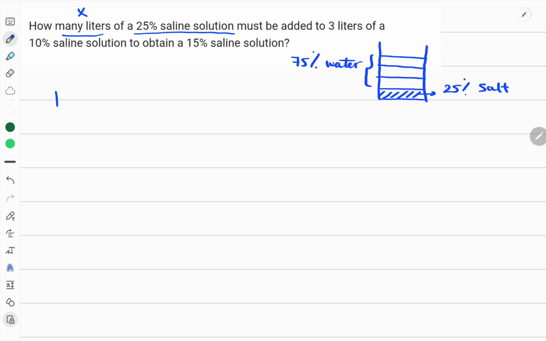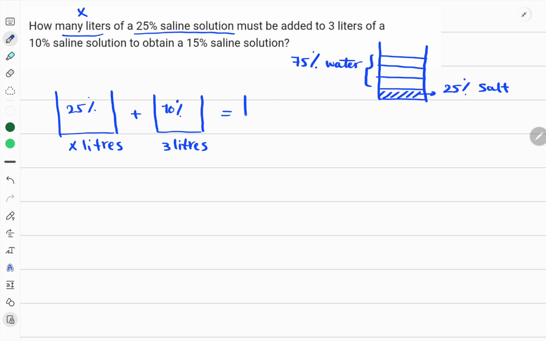Okay, so we have X liters consists 25% salt and should be added to 3 liters with 10% salt, which gives you in total X plus 3 liters, because the total solution after mixing X and 3 liters will be X plus 3 liters, consists 15% salt.